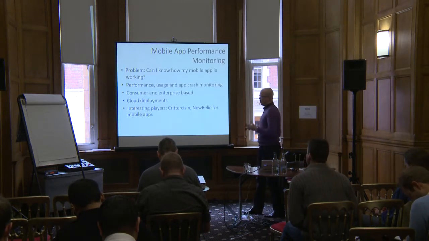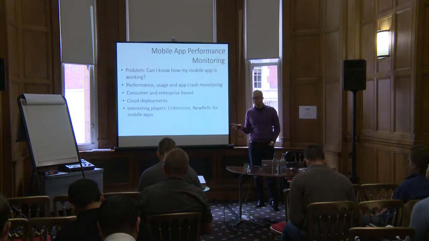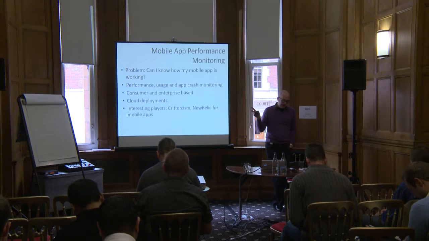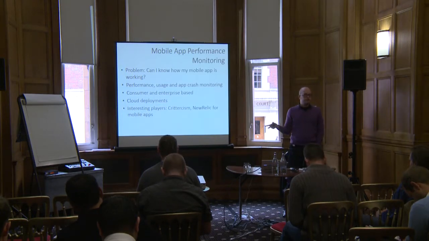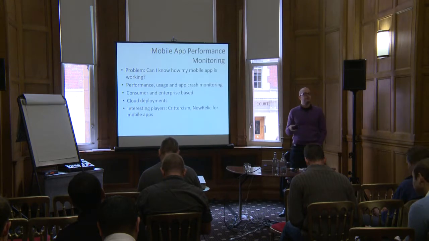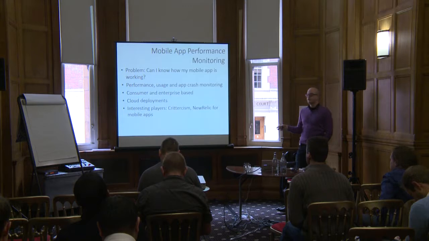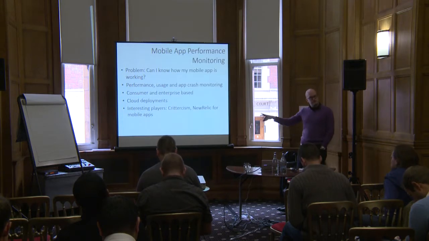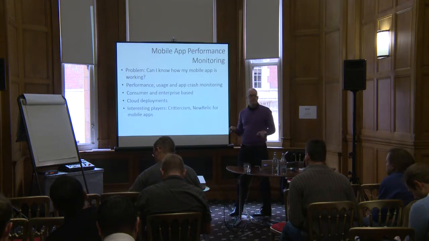The two undoubted market leaders in this category are Crittercism, if I can get past that name, and New Relic, which is a top vendor in the app monitoring space. They have a version for mobile apps called New Relic for Mobile Apps, and it's very, very solid. There are others, but these two are the top players in the space. Is that making sense so far?